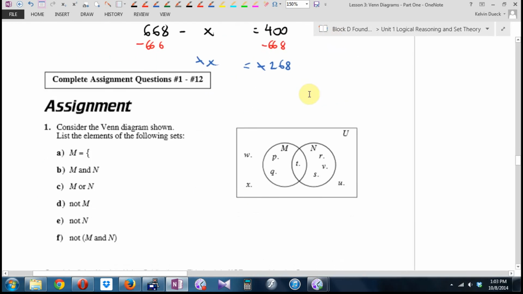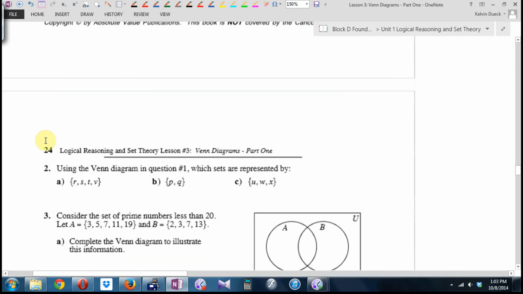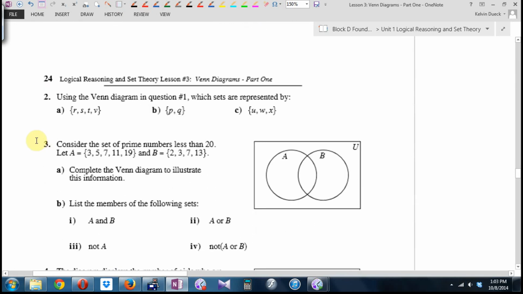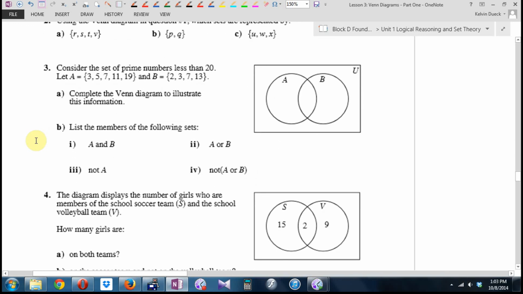What's your homework? One is good. Three is good.